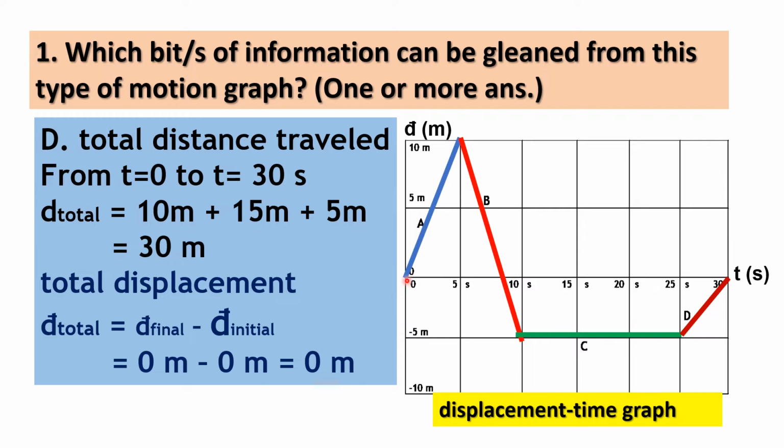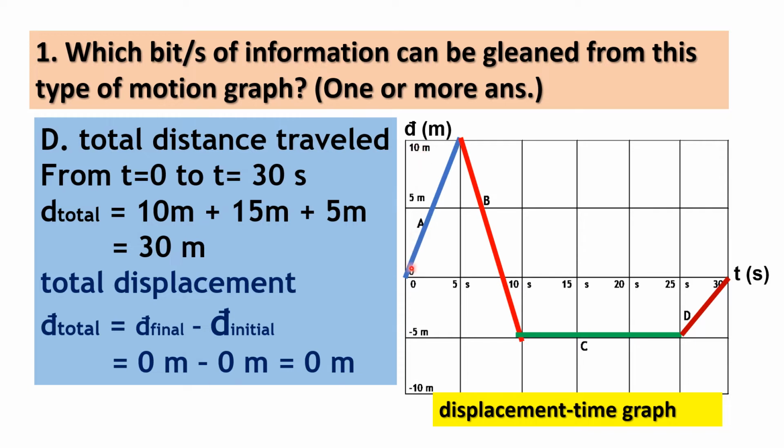From time 0 until 5 seconds, what is the displacement of the body? So there's nothing to compute because all you need to do is read it directly from the graph.